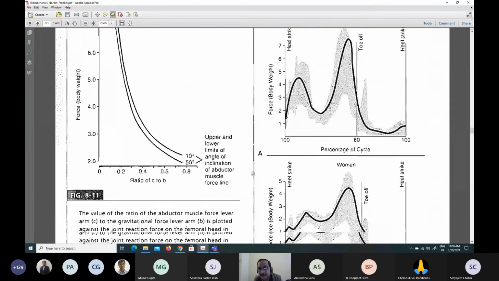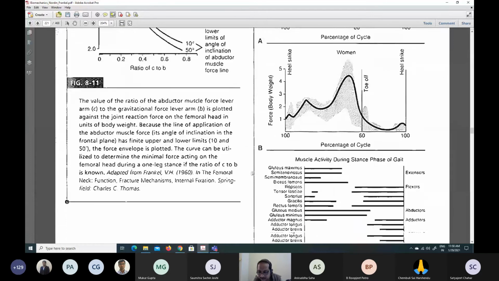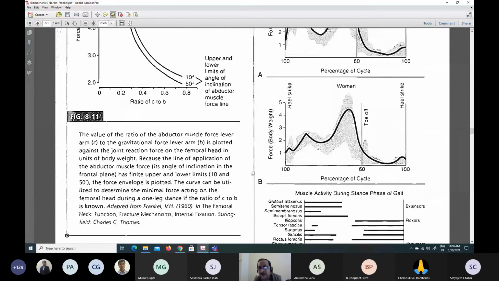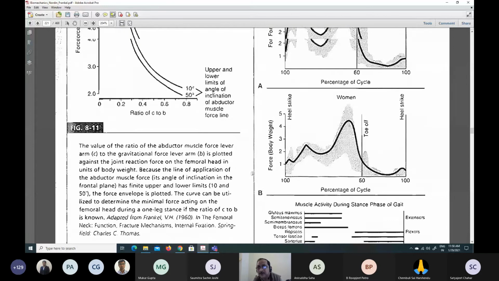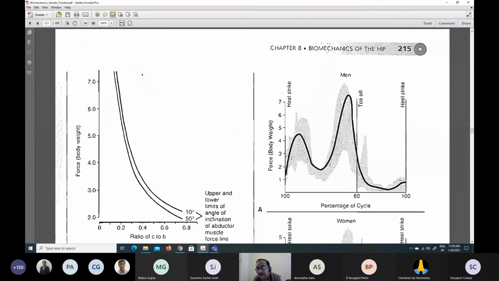Now, if I give you an idea of the hip joint reaction force, on page number 215 you can see how the joint reaction force of the hip varies with the percentage of the gait cycle.